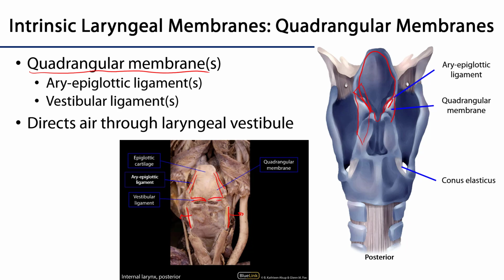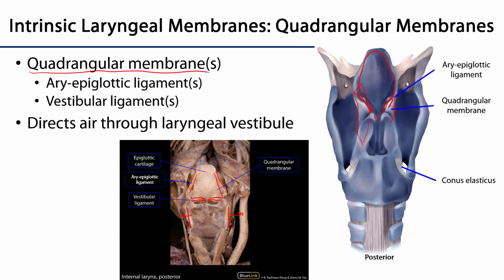These are sometimes called the false vocal folds. And sometimes you'll even hear them referred to as ventricular ligaments. So vestibular ligaments are the same thing as ventricular ligaments, which are the same thing as false vocal folds. Whew, that's quite a bit.